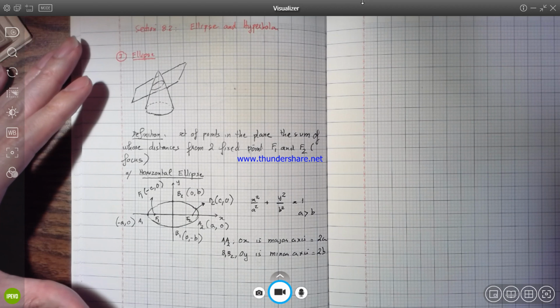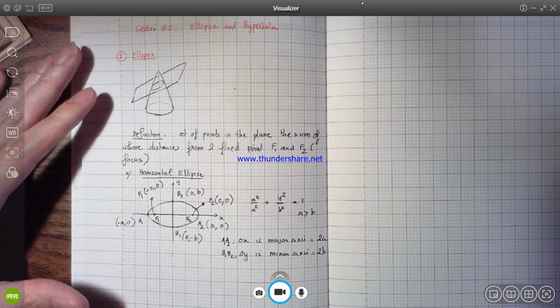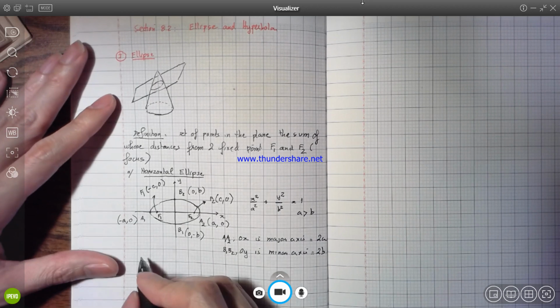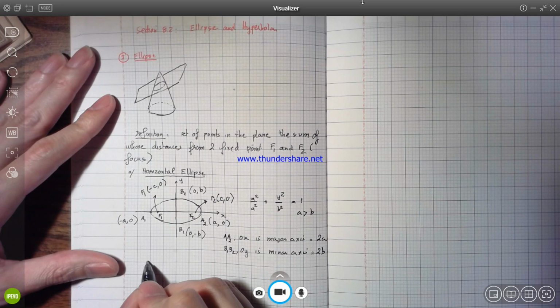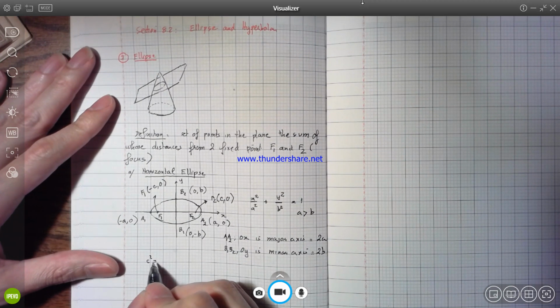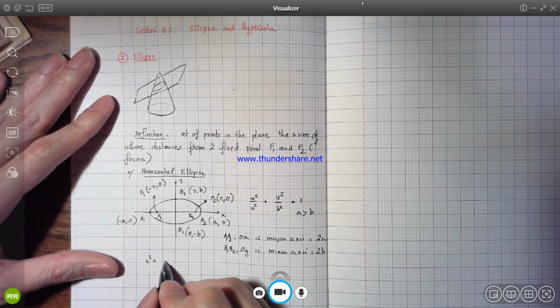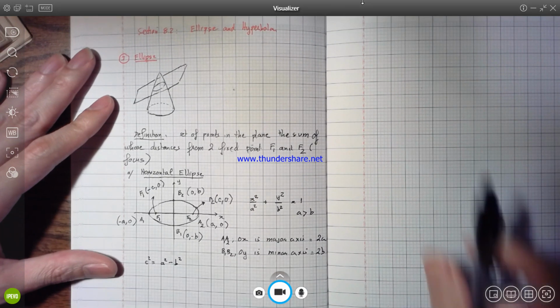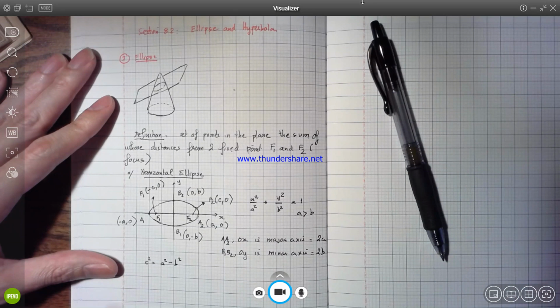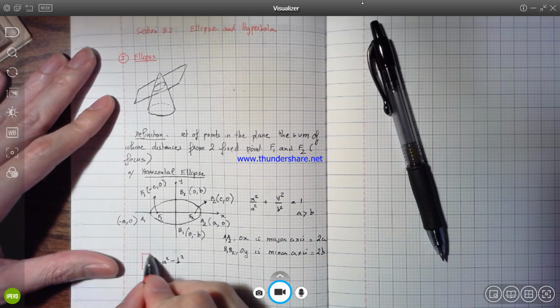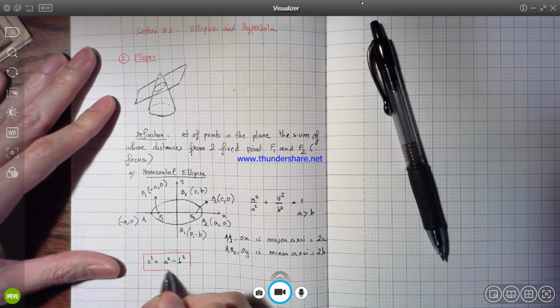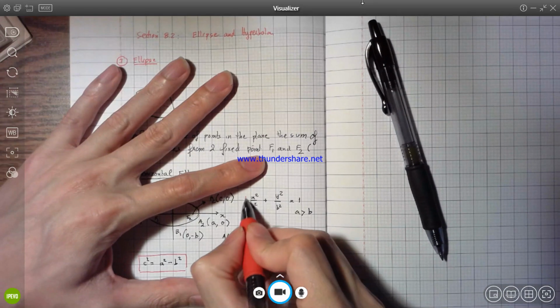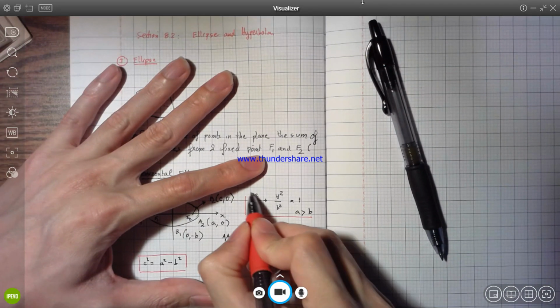If we know minor and C, we can find major. And the relationship is c squared equals a squared minus b squared. So I'm going to box this. This is important, and I box in the formula right here.